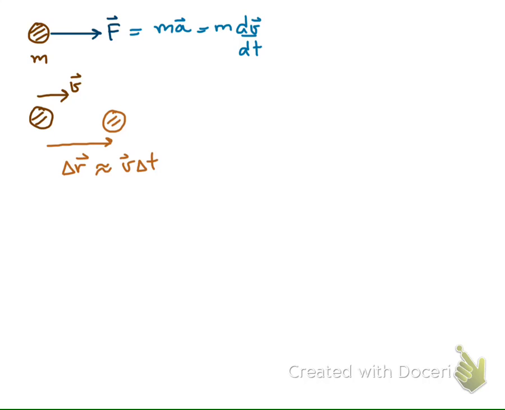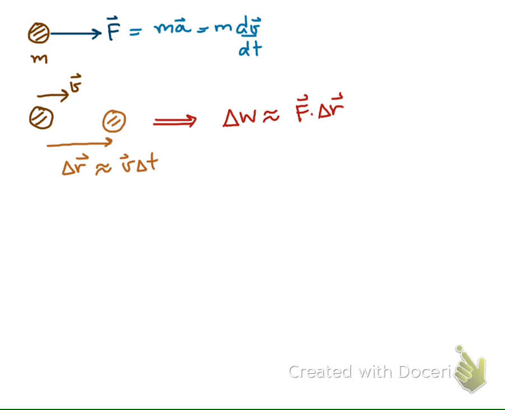If we want to calculate the work done during this time interval, we can have that delta W, which is the work of the force F during the time interval delta t here, is approximately equal to F dot delta r.